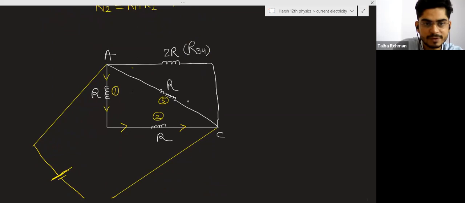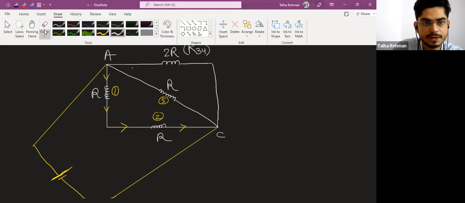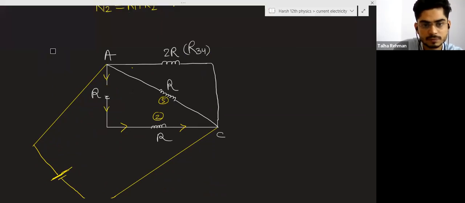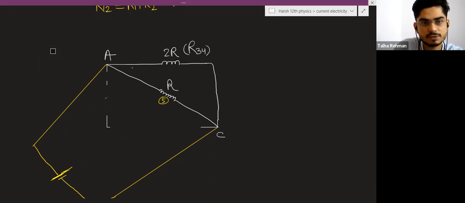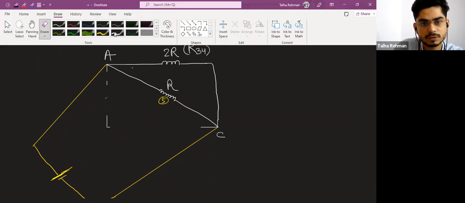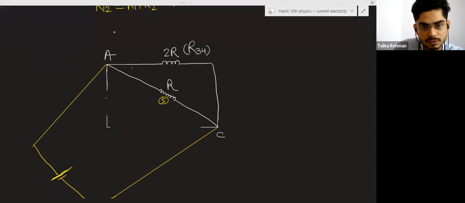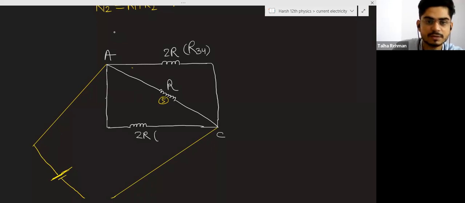I will do the same thing for the lower part. Step by step we will solve. So a resistance of 2R, and this resistance is named R12.